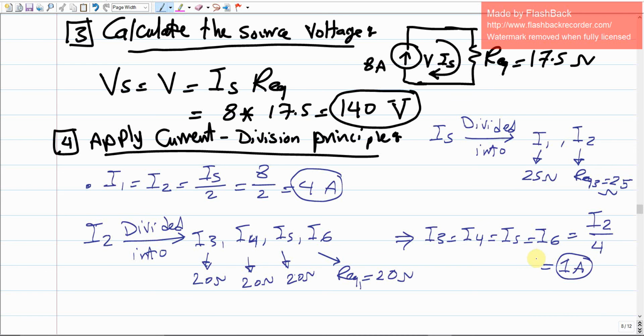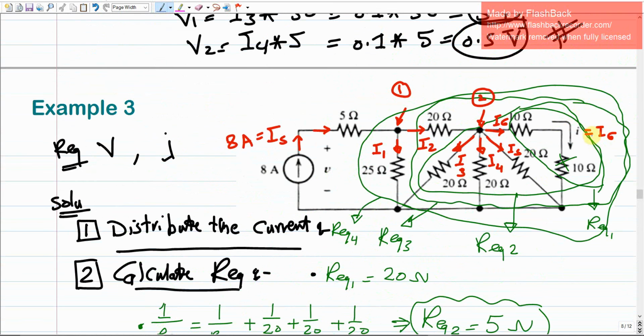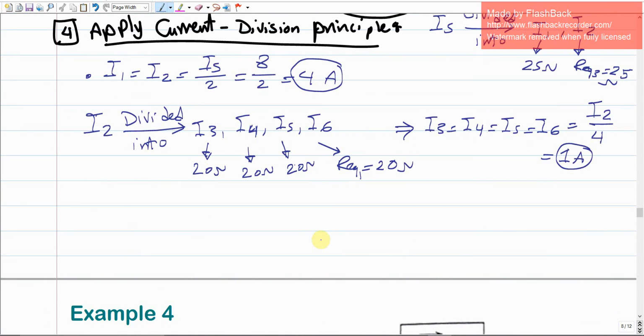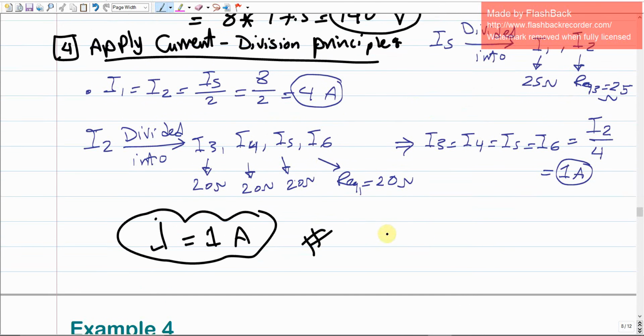So now we got I6. I6 is the current I, which is the requirement. Finally, I equals 1 ampere, and this is the second requirement, and that's it for this problem.